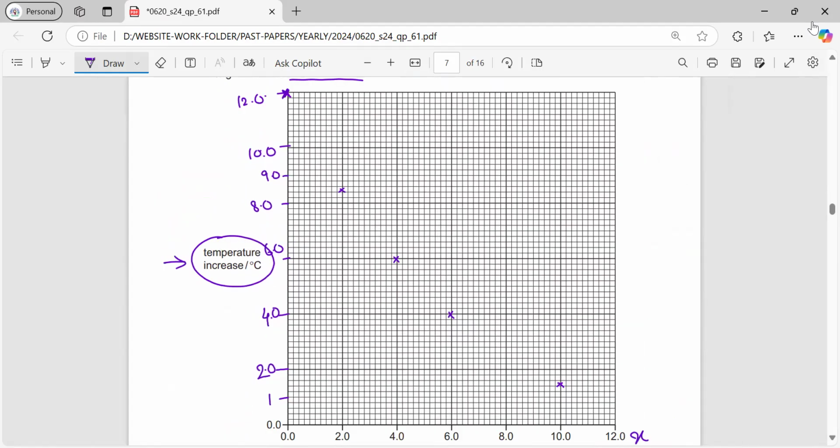So we'll use a scale to draw the line and just leave any ambiguous points. Okay, so that's how you will draw a line.